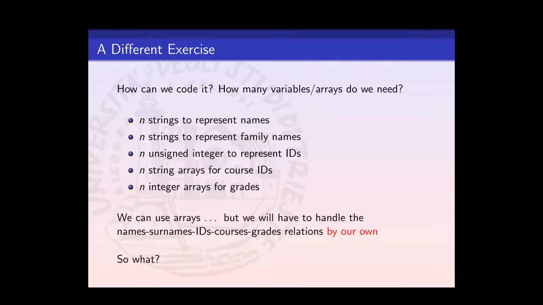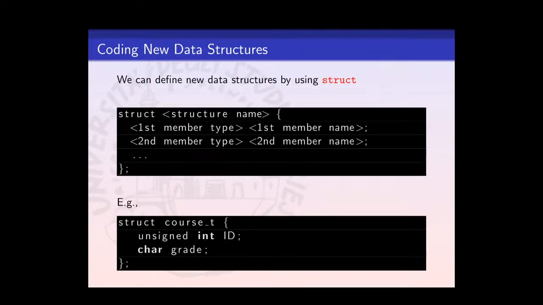Okay, but this kind of association, in some sense, is quite naive, because you have to deal with the association on your own. So you have to remember that the ith name is associated to the ith surname, and so on and so forth, and this relation is left to you. Okay.